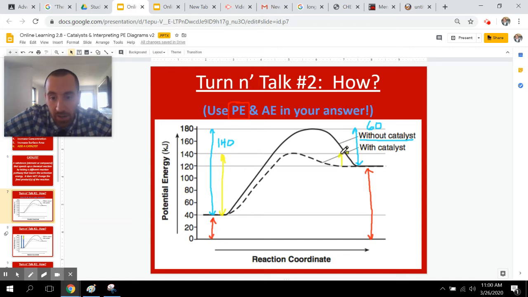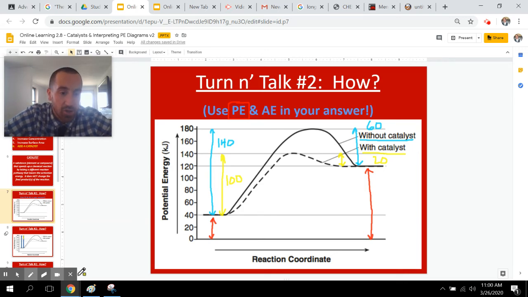Here's my activation energy of the reverse reaction with a catalyst. Okay, so now we've reduced it from 140 to 100. So it's only 100 kilojoules now required to get the forward reaction started, and you only need 20 kilojoules here for the reverse reaction. Okay, so it does cause a change.